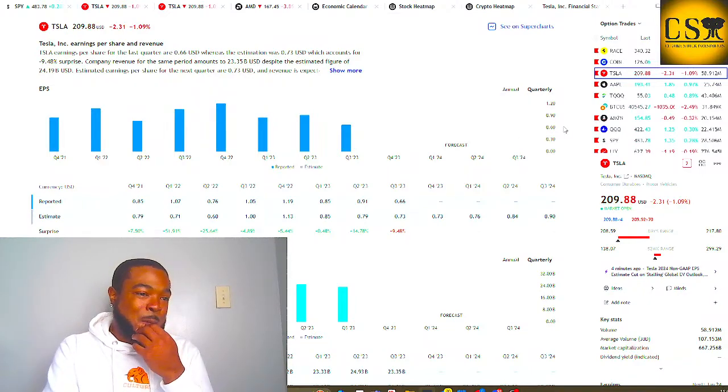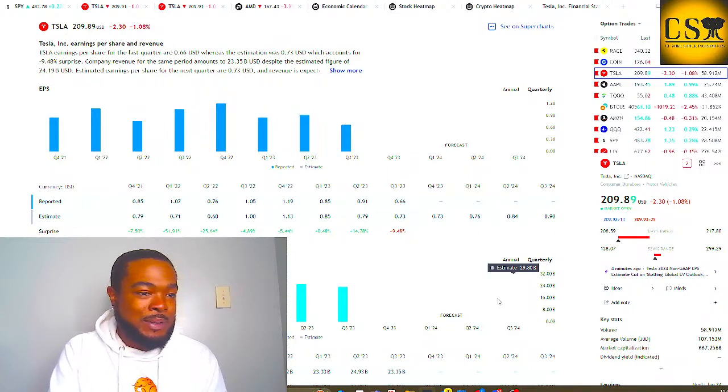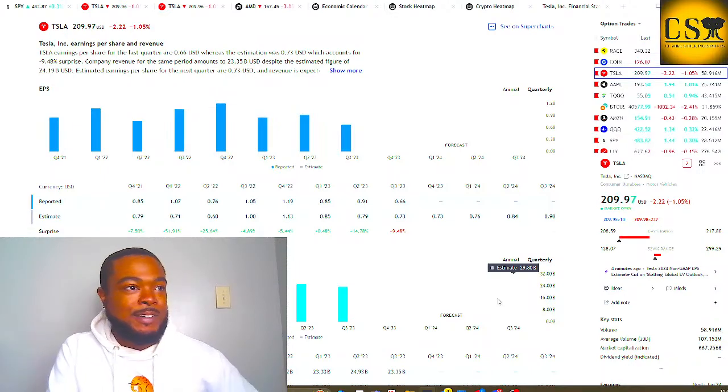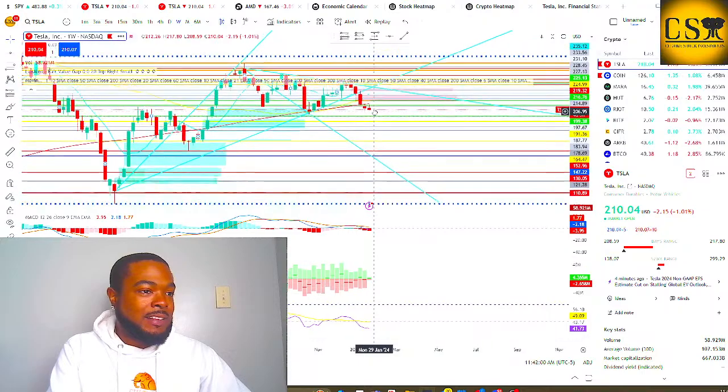So if that happens, the stock price is going to bounce up along with it. And the revenue is also projected to go up over the next few quarters. They're expected to be making $29 billion in profit by the end of quarter 3 of 2024. So yeah, I'm liking Tesla right here.